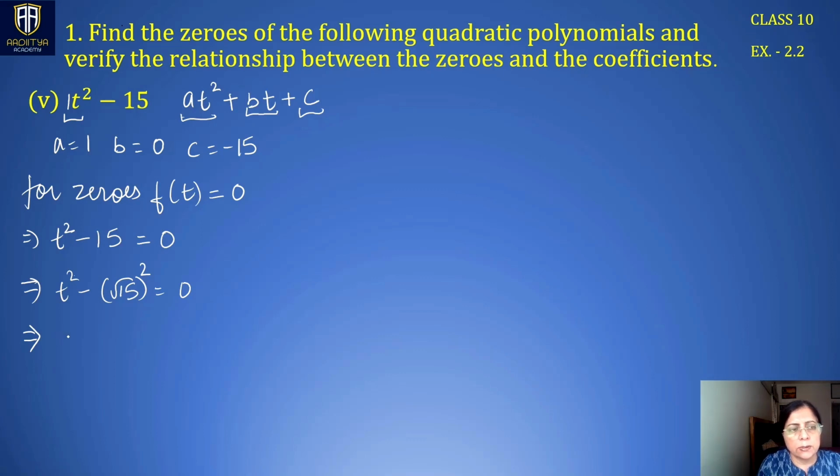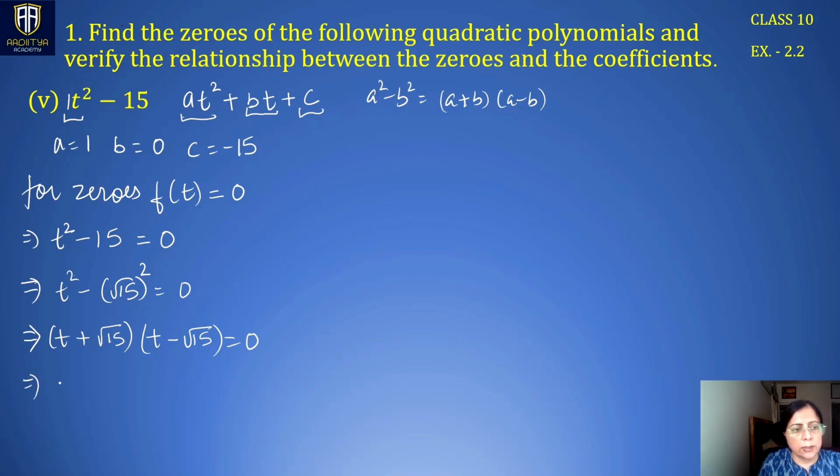You can write this as a plus b, a minus b. We know the formula: a square minus b square is equal to a plus b into a minus b. So we have t plus square root of 15 multiplied by t minus square root of 15 is equal to 0. So now equating these two brackets individually to 0, I get t is equal to negative root 15 and t is equal to positive root 15. So these are the two zeros of this polynomial.